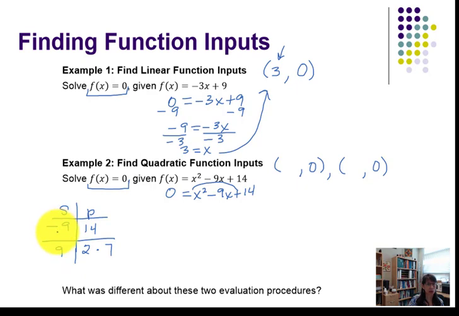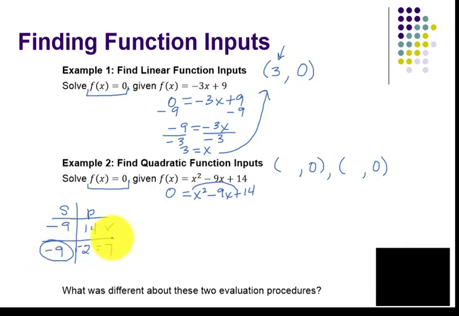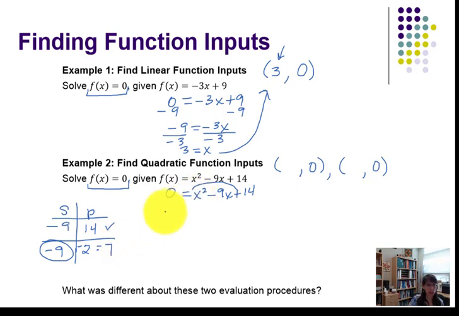So do you see all that we have to do is make 2 negative and 7 negative, so that 2 negative numbers still have +14 for the product, but 2 negative numbers added together will match the sum, which is negative. So we'll replace our middle term. 0 now equals x squared minus 2x minus 7x. Keep +14 for that last term, and we're ready for grouping.